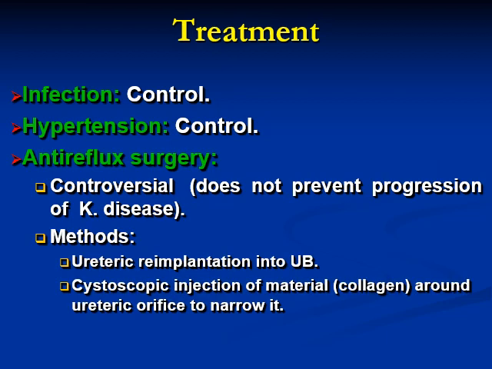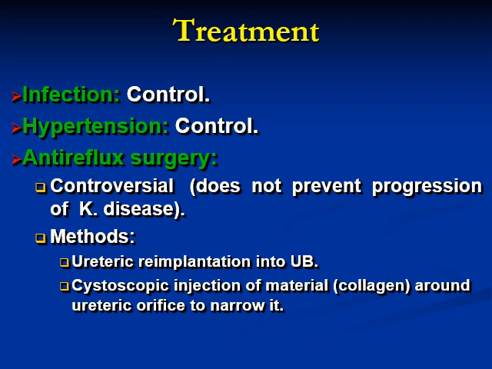Treatment of reflux nephropathy includes the control of infection, and this is achieved via prophylactic antibiotics in the form of Septrin, 1 tablet at bedtime till puberty or till the reflux disappears. If a superadded infection occurs, this has to be aggressively controlled.